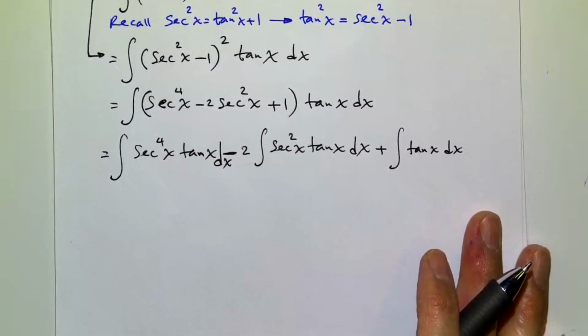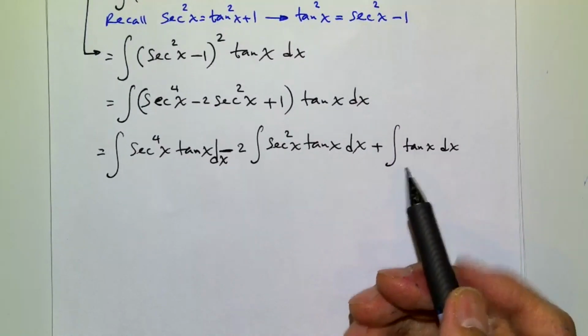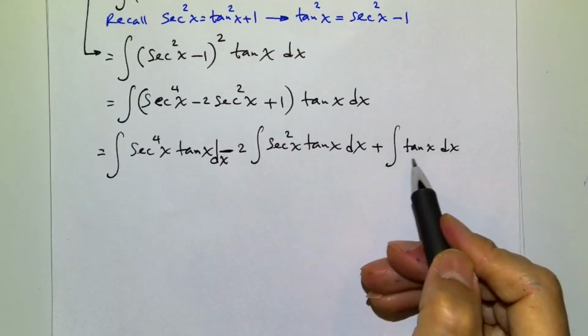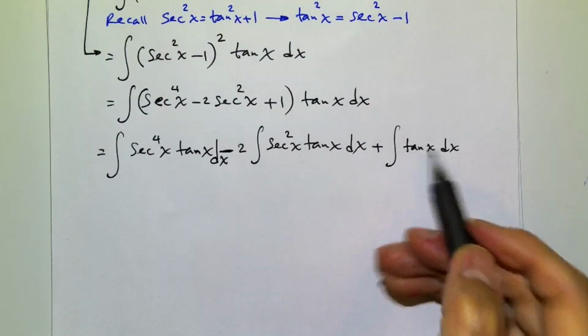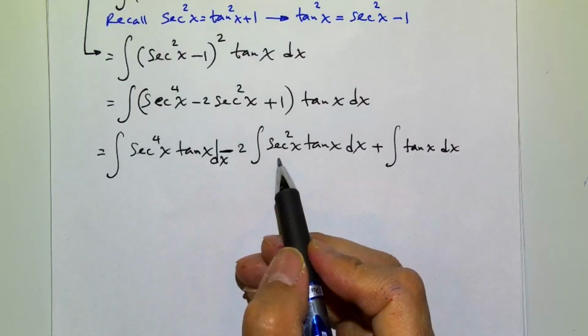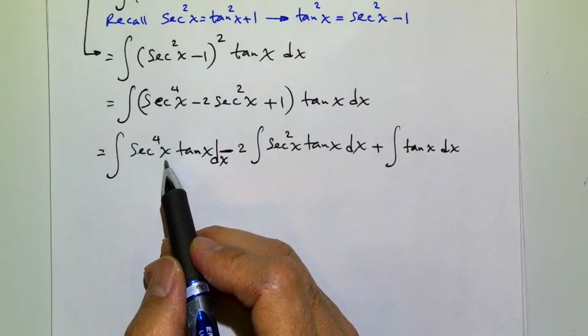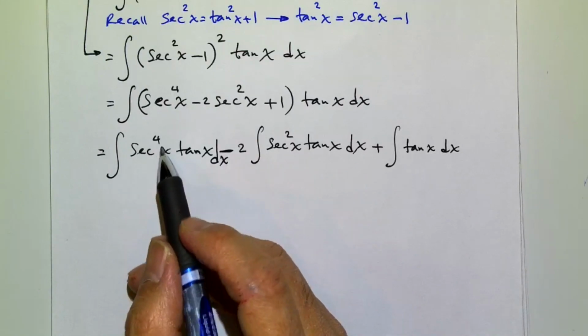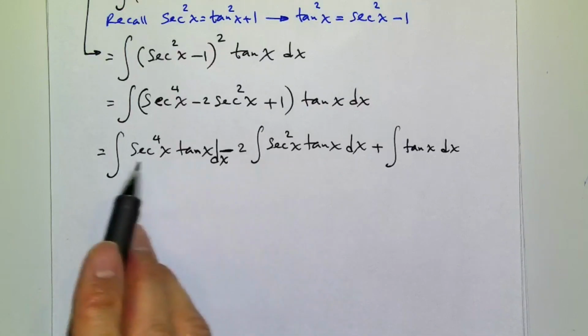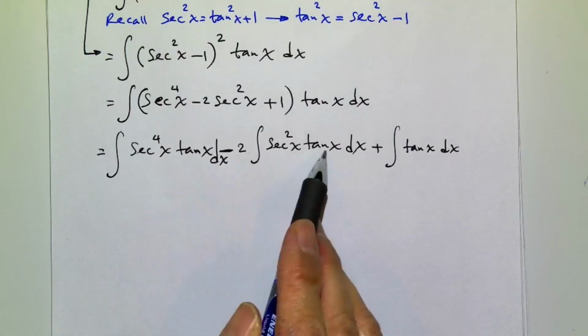The other thing I want to draw your attention to is that, with the exception of this one, which we have a formula to integrate, the other two expressions are a combination of even powers of secant x and a single tangent x.